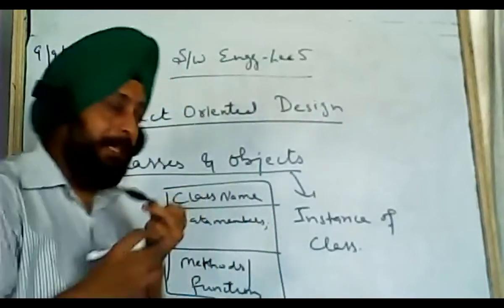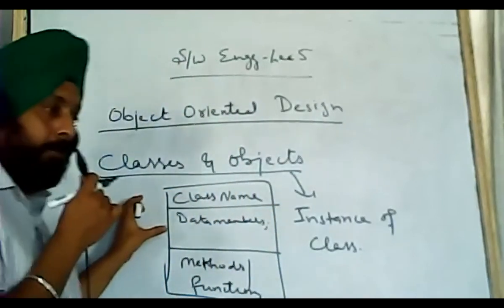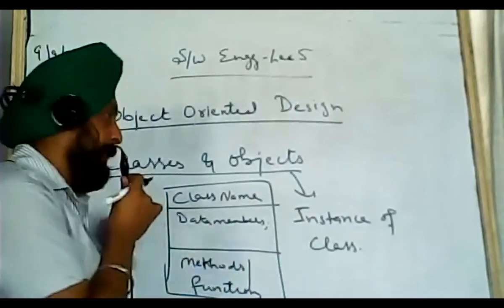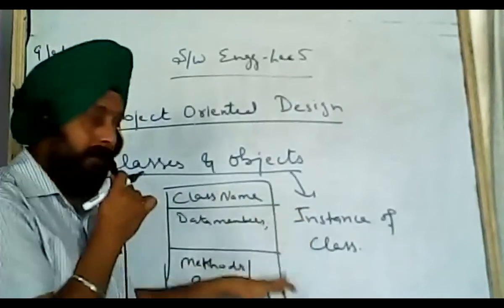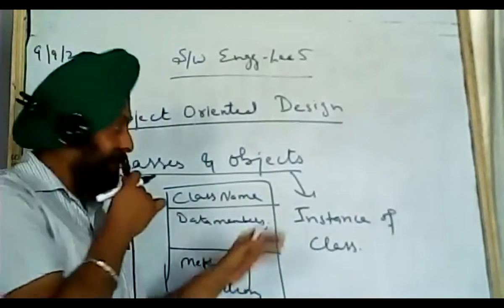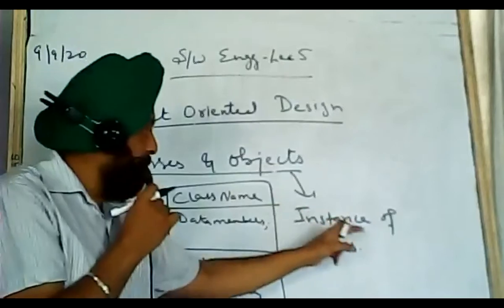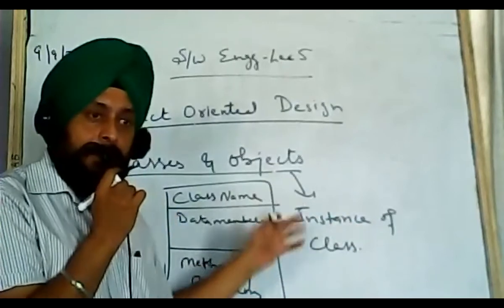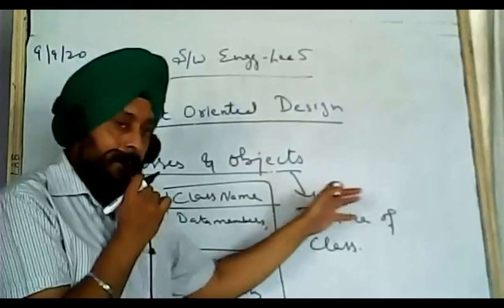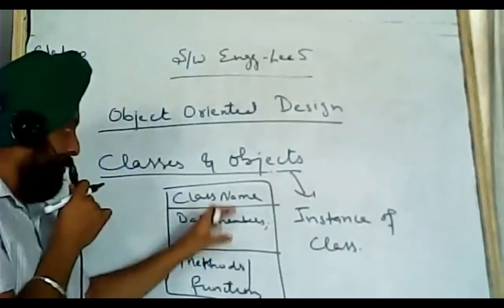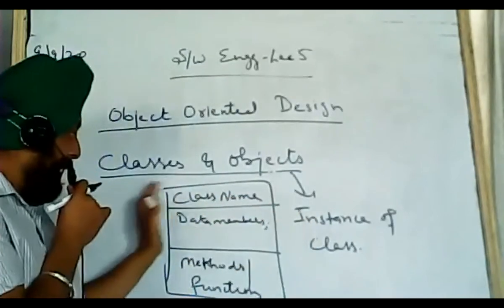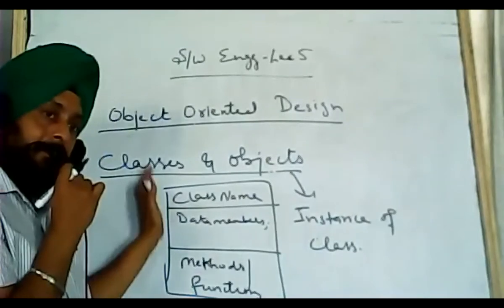Class is actually a logical name given to the group of objects of the same type. And the original occurrence of a class is an object. That is an instance of a class. Objects are the instances of a class. So any object becomes the member or instance of a class if it has the properties as defined in a class.